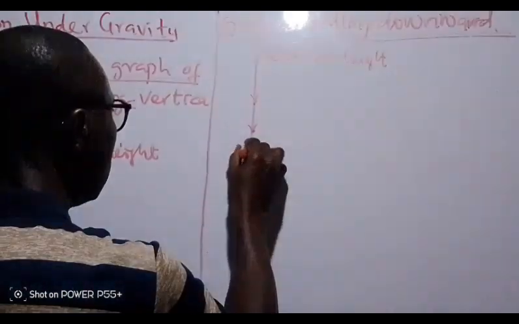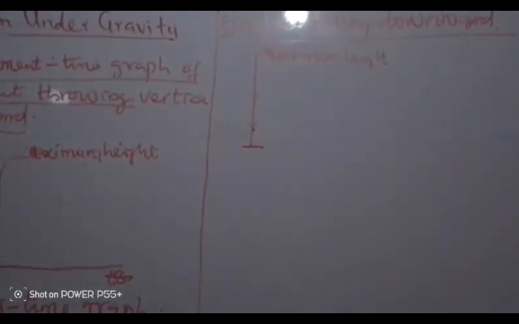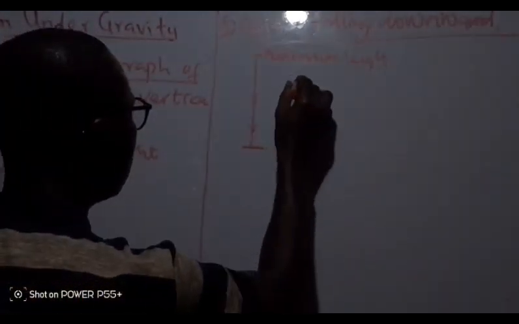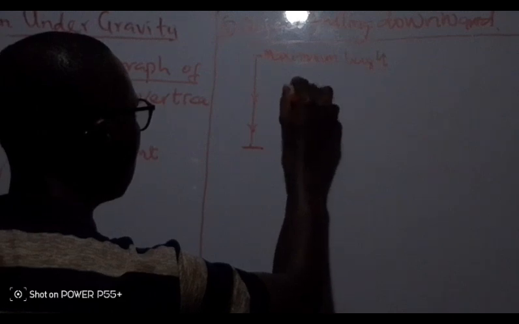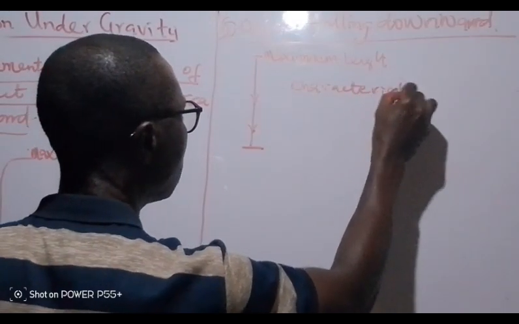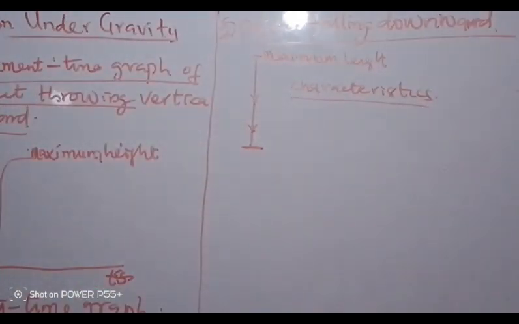This is the ground level. So what are the characteristics now, as in the case of objects moving up?